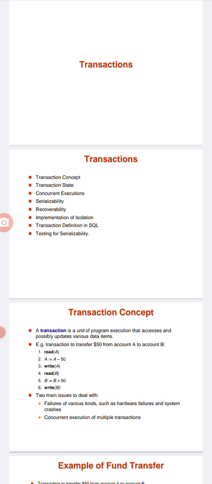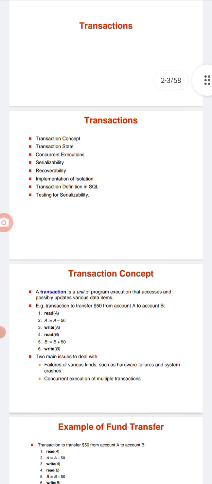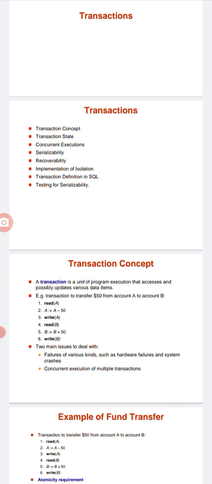In computer science, we have a set of instructions, right? And it's simply called a program. We have to execute it. This execution logic is called a transaction. It means we have a set of instructions, we have to execute it. This process is known as a transaction.